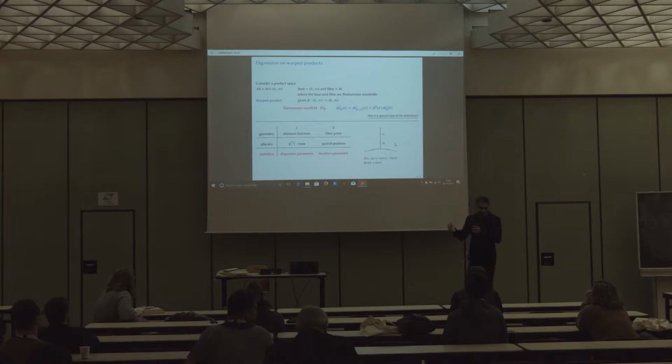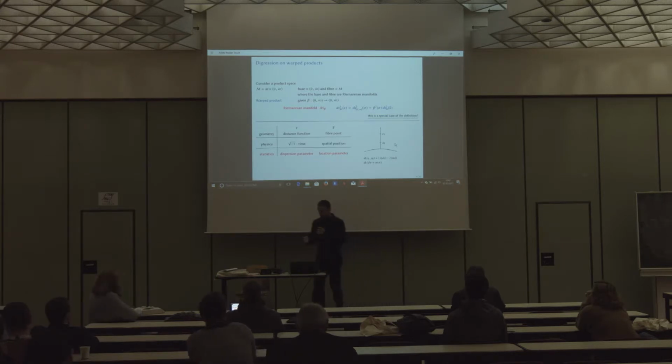But then in addition to that, we have the function beta that appears in the metric here in order to warp or deform the metric of M. So we get a Riemannian manifold, which I call cursive M of beta. Now, this is only a special case of the definition of a warped product or warped bundle, but I won't go into that.